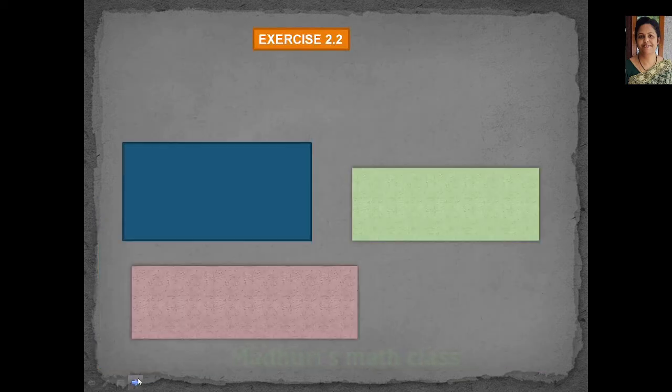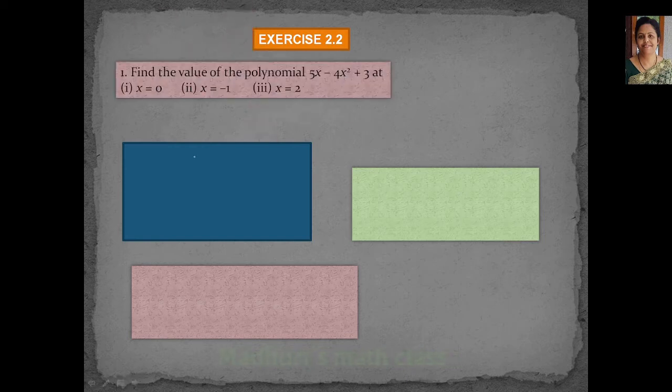Next one, exercise 2.2. Find the value of the polynomial 5x minus 4x squared plus 3 at x is equal to 0, x is equal to negative 1 and x is equal to 2. So find the value of the polynomial 5x minus 4x squared plus 3.